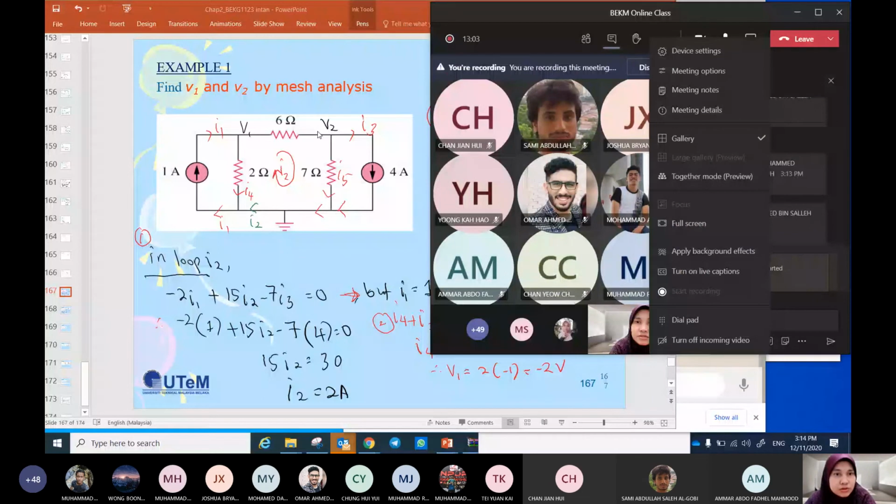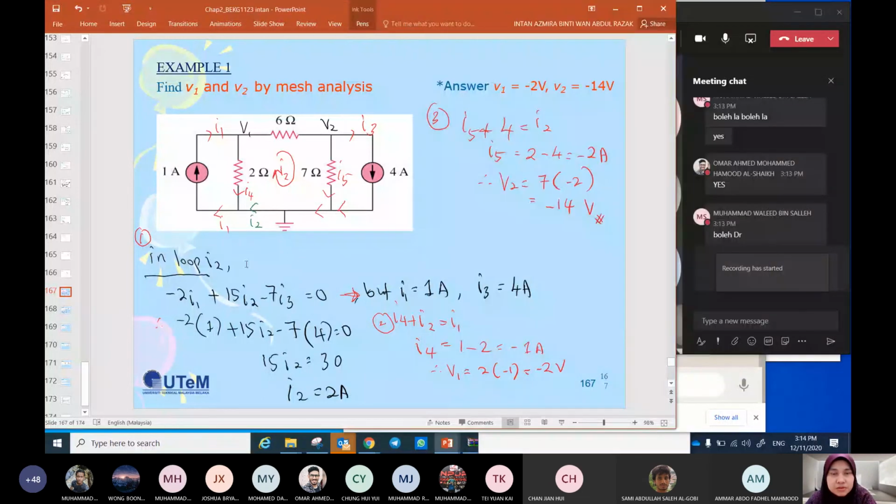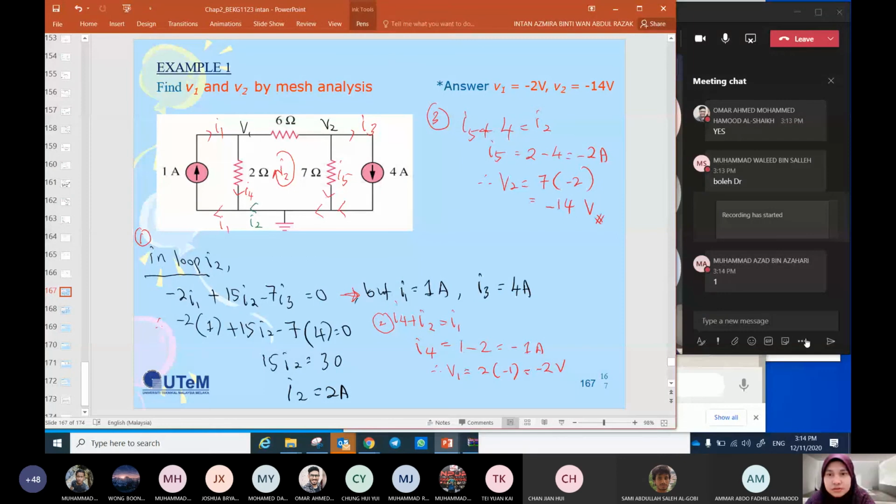So how many resistances are shared with loop I1? What's the value of the resistance? 1 ohm.